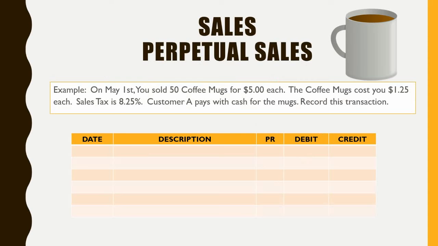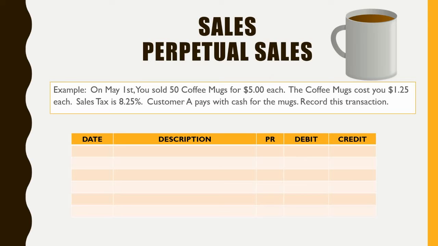Okay? So, for instance, let's say on May 1st, you sold 50 coffee mugs for $5 each, and the coffee mugs cost you $1.25 each. Sales tax is 8.25%. Customer A pays you with cash for these coffee mugs.